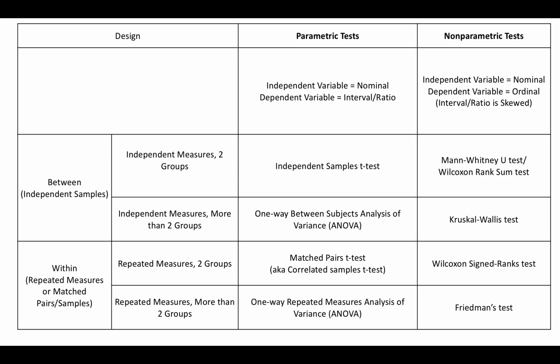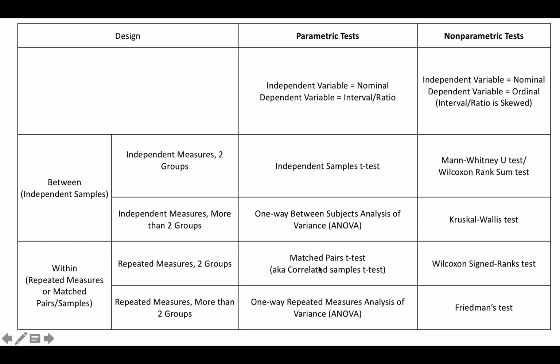Those are two different names for equivalent tests. When you have an independent variable that's measured on a nominal scale, but the dependent variable is ordinal, or if it was interval or ratio, it was skewed, and the assumptions for the one-way between subjects ANOVA have been violated, then you're going to go with the Kruskal-Wallis test.